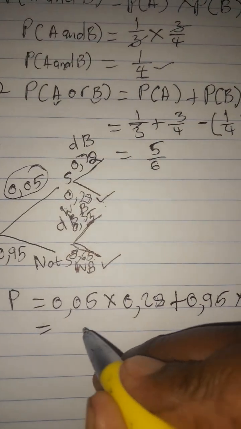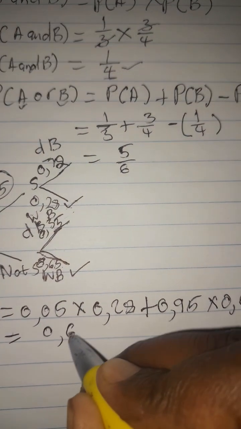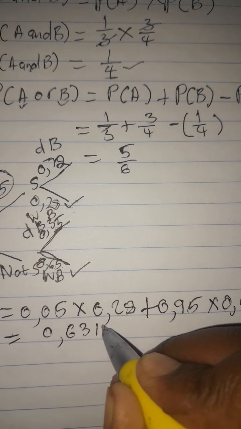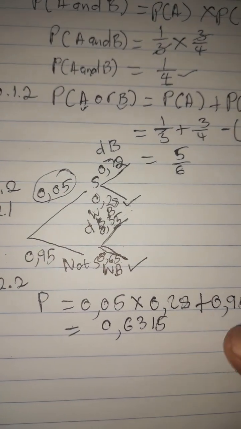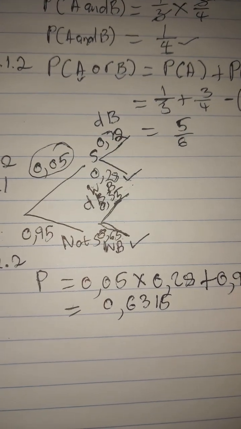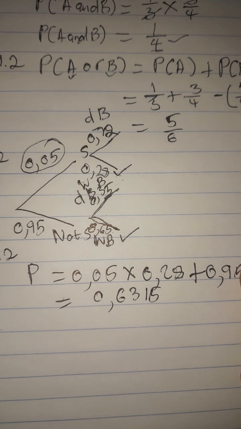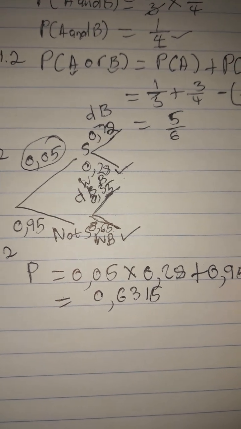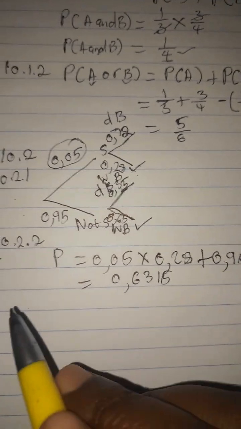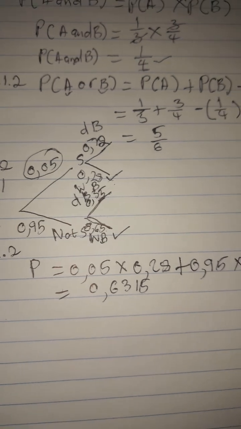What are we having? Our solution is 0.6315. So that's the probability that temperature in central South Africa will not drop below 0 degrees. So that's how you would have gotten that 3 marks, right?